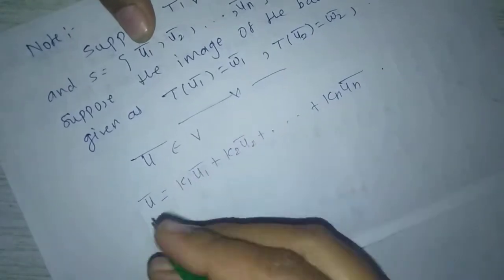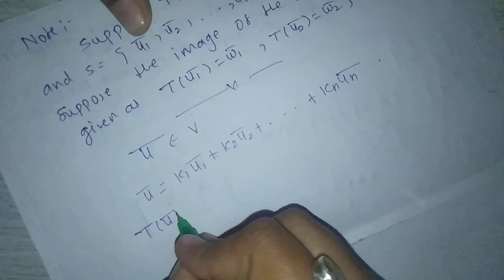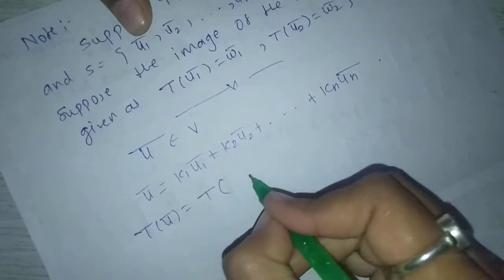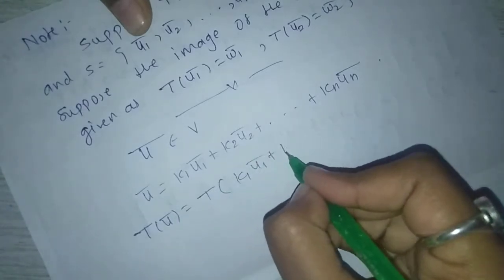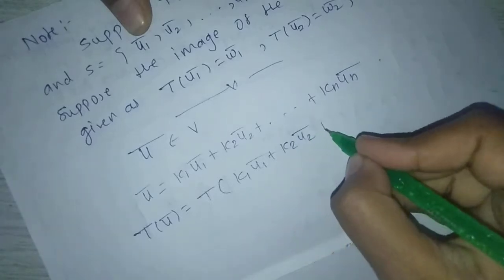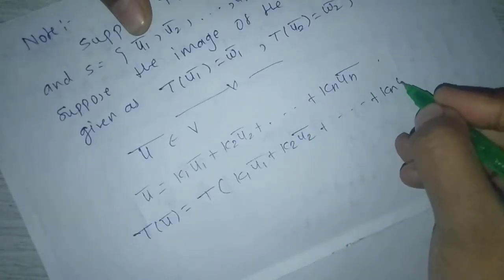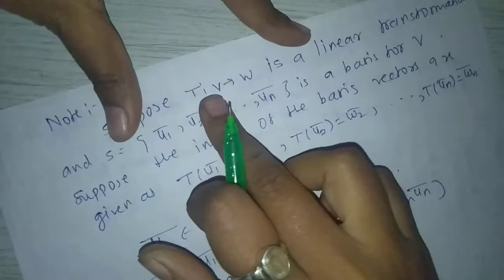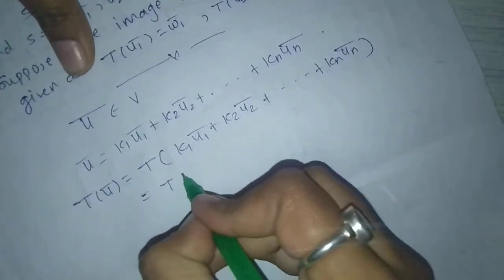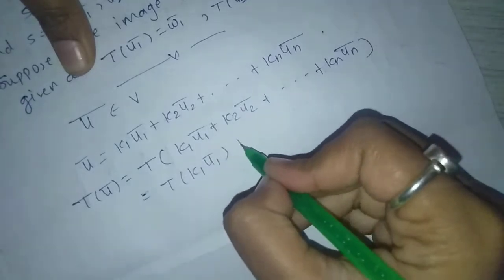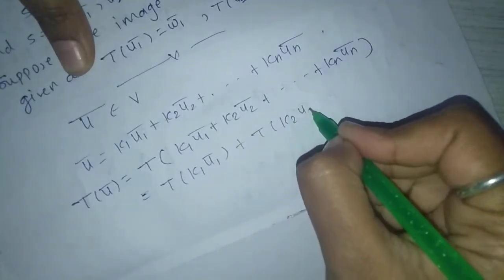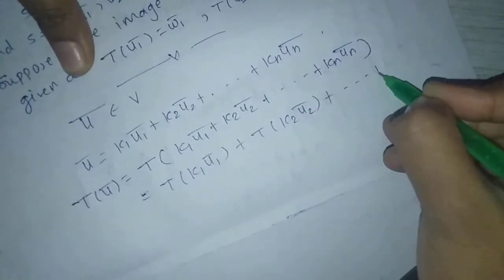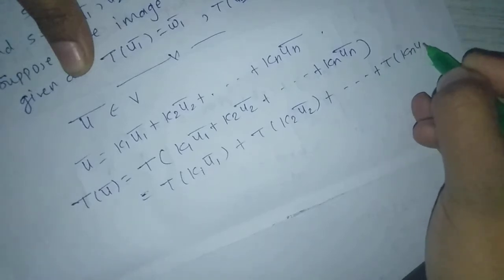Now apply T on both sides. We get T of u bar equal to T of (k1 u1 bar plus k2 u2 bar plus and so on plus kn un bar). Given T is a linear transformation, means T is linear, so T of k1 u1 bar plus T of k2 u2 bar plus and so on plus T of kn un bar.